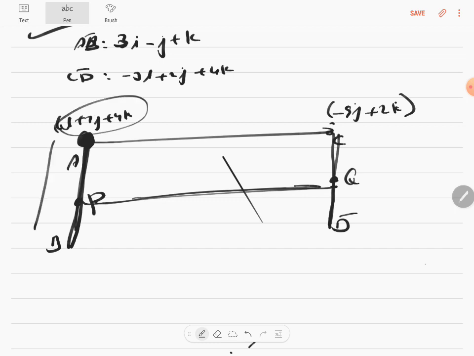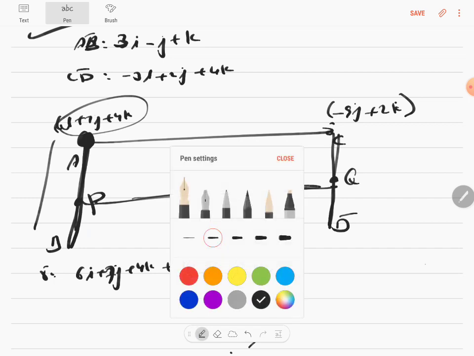So then you can write this equation: R vector is equal to 6i plus 7j plus 4k plus lambda times the AB vector 3i minus j plus k.